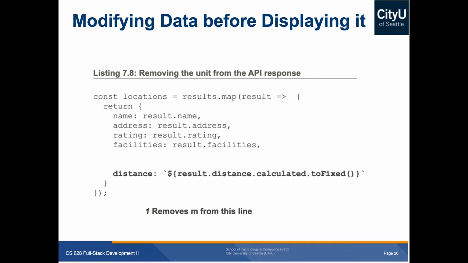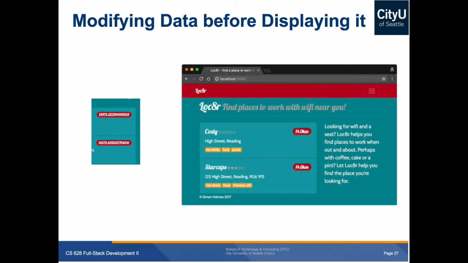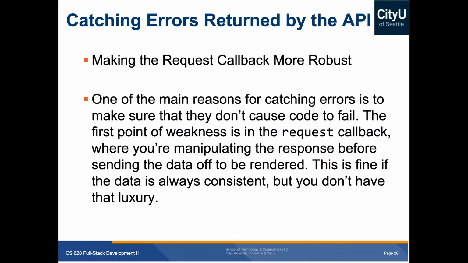We want to return the result's distance that we calculated and fixed, right? So that would remove the M from what you're seeing, right? Okay, from no precision to an added precision.